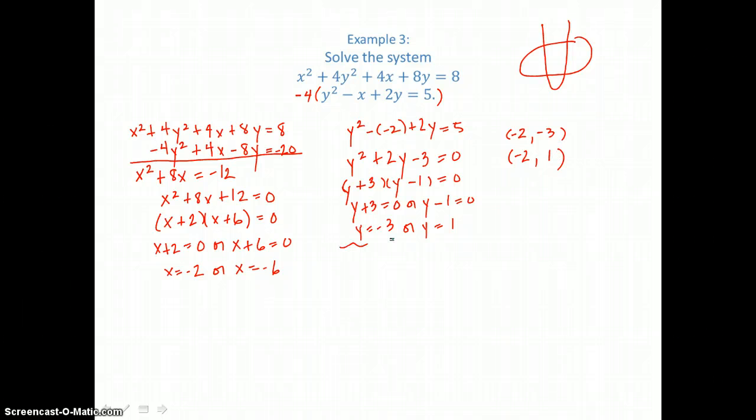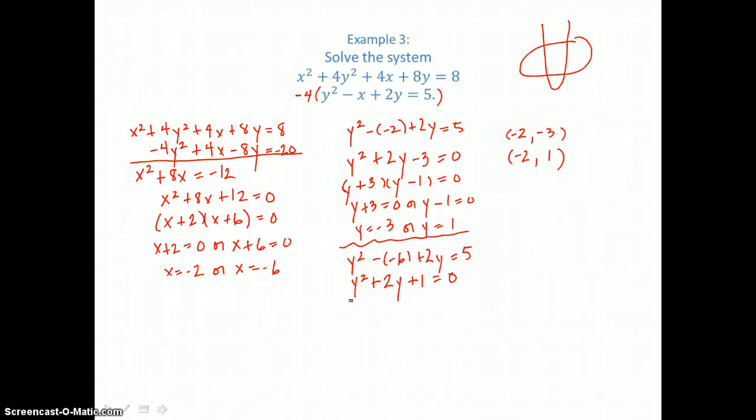But we still have an x value to substitute in, and let's use that second equation again. So we have y squared minus x, and this time we're putting in negative 6 for x, plus 2y equals 5. Okay, and getting this equation in standard form, y squared plus 2y. We have positive 6 and we're subtracting 5 from the other side, so we get positive 1 on the left and 0 on the right.